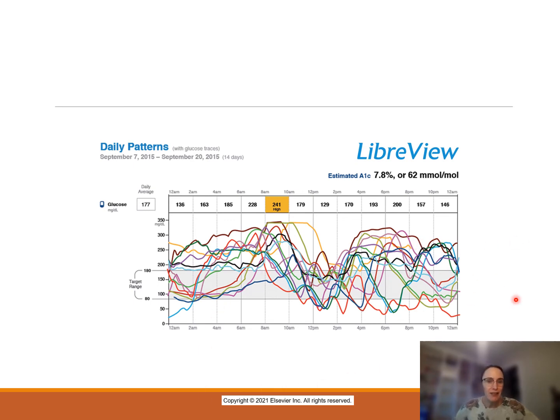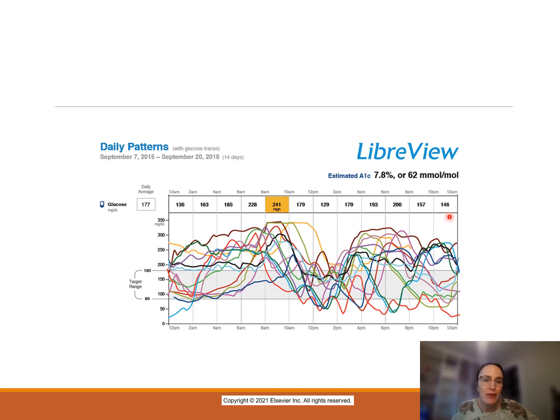Ironically, there's a little bit of a pattern here. It looks pretty similar, but you can see the extreme variability in blood sugar control. This is somebody that, it's a hard pattern to fix. The first technique is always trying to fix the lows. So the first thing you should do with diabetes is, if somebody's having lows, let's fix those.